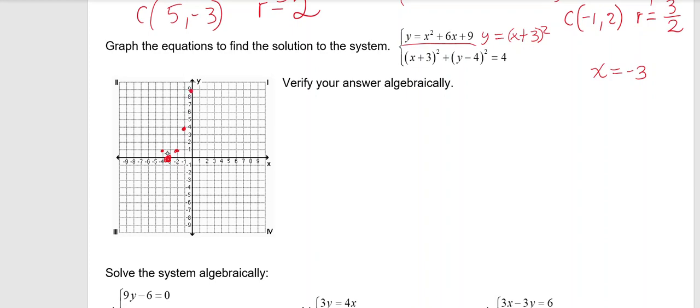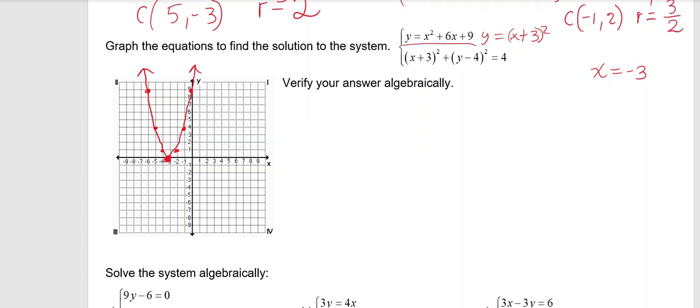And then, of course, my reflected points would be here, 1, 2, 3, 1, 2, 3, and here. All right, so let's just sketch that in. There we go, there's our quadratic.